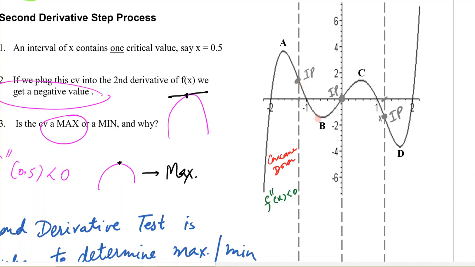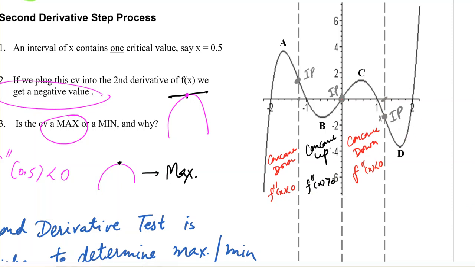And then from here to here, the curve is concave up, and the second derivative is going to be positive. Again, in this interval C, it's going to be concave down. The second derivative is negative in this case, and after that in region D, again we have concave up. The second derivative is positive.